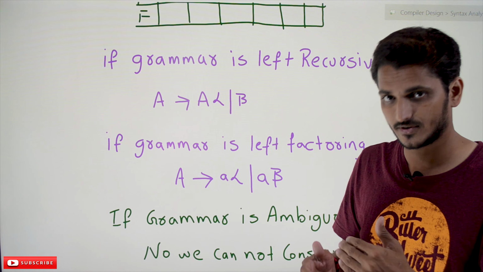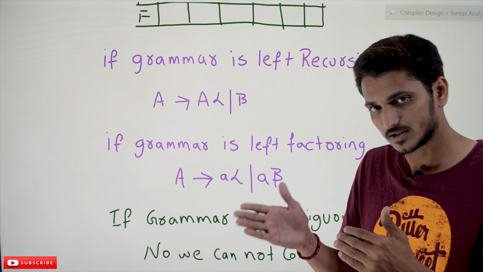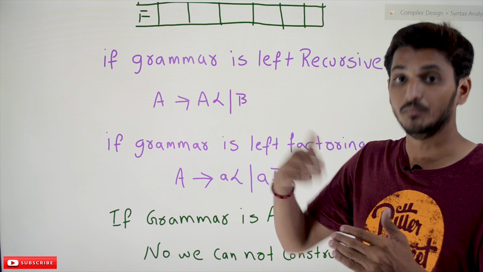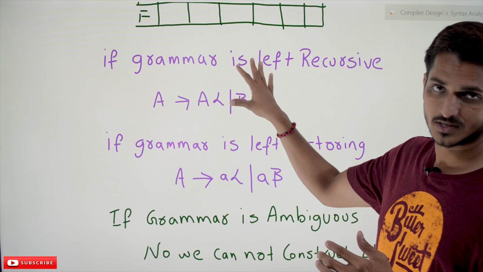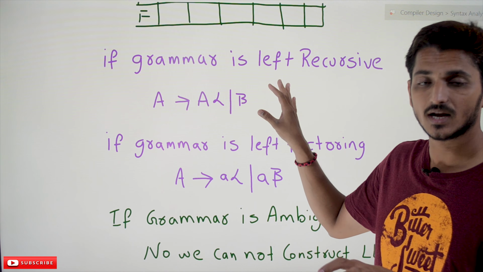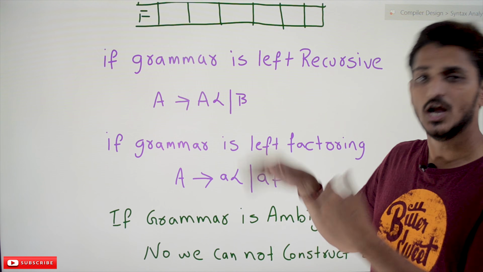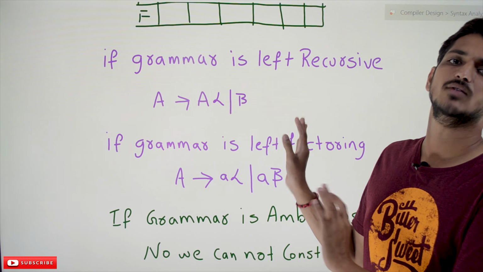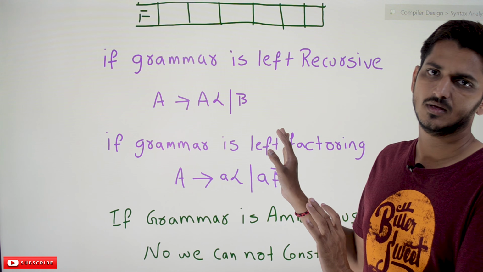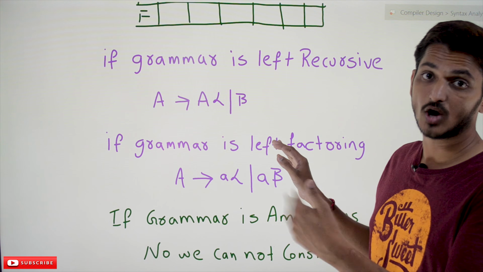After eliminating the left recursion, if you try to construct the LL1 table, it may or may not work, we don't know. But if the grammar is left recursive, we have to eliminate left recursion and try to construct. During the construction, if you get two productions in the same block, it is not an LL1 grammar. That is how you have to check.